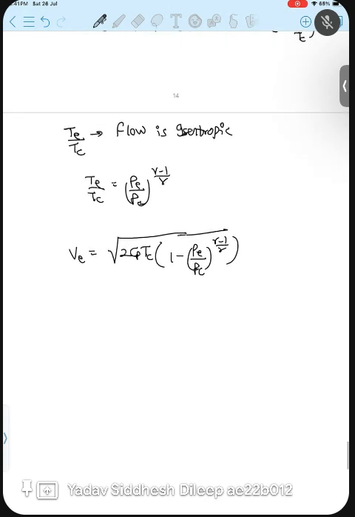Now, as I mentioned, these rocket equations are all about manipulations. You write Cp Tc as Cp R Tc divided by R, basically multiplying and dividing by R. Then you write Cp as gamma R upon (gamma minus 1); this comes from Mayer's relation.